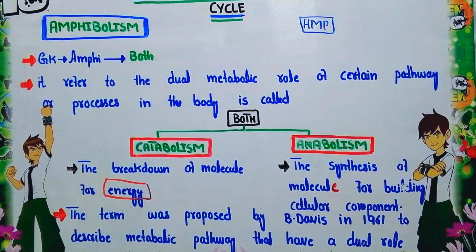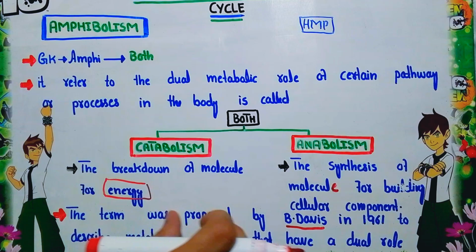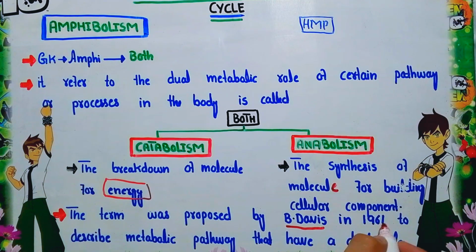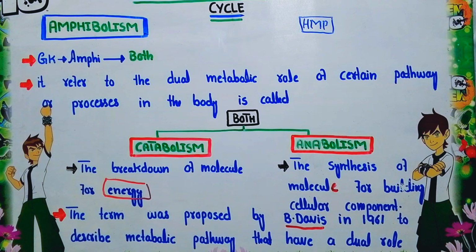The term amphibolism was proposed for the first time by B. Davis in 1961. It is used to describe a metabolic pathway that has a dual role, catabolism as well as anabolism. Such a pathway is called an amphibolic pathway.